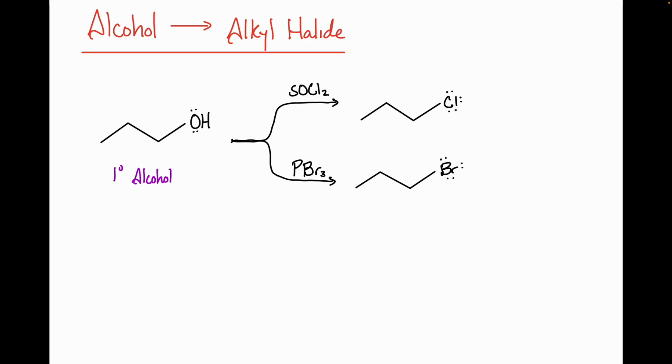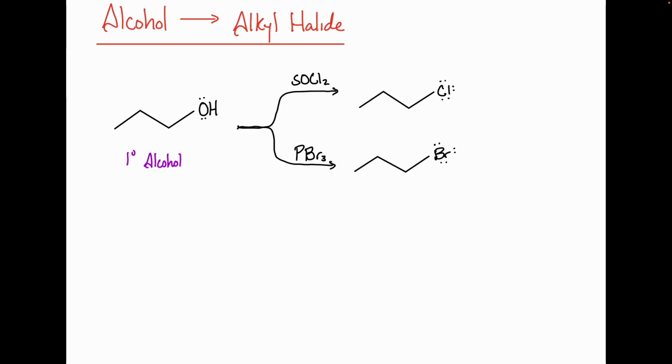All right, now let's take a secondary alcohol. Okay, we can actually do the exact same thing to our secondary alcohol. But importantly, our secondary alcohols can have that hydroxyl group about a stereocenter.